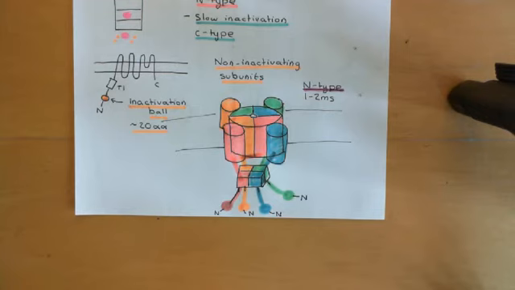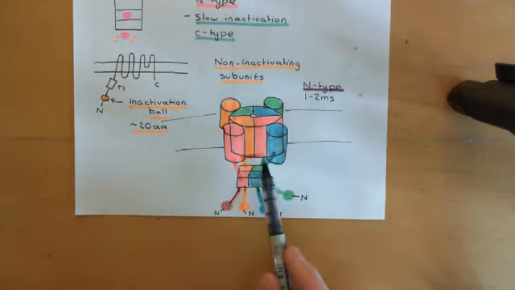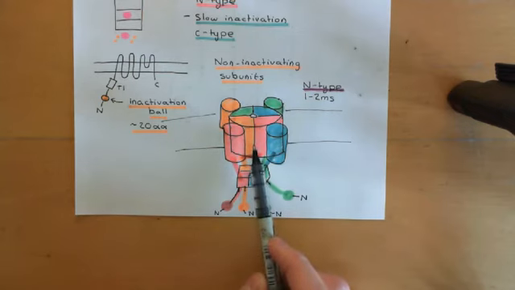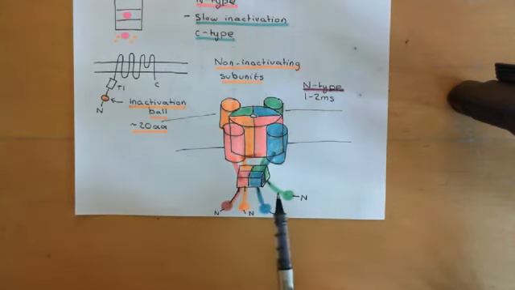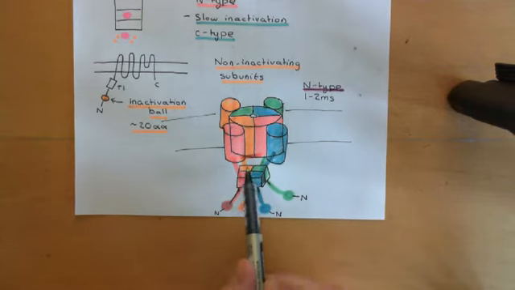Okay, then what's going to happen is one of these inactivation balls from one of the alpha subunits is going to end up blocking the pore, and it's just a stochastic process as to which one it ends up being. It's just chance, basically. Any one of these 4 inactivation balls could do it. Let's say it will be the blue one here. It will go through the lateral window just like a potassium ion would.